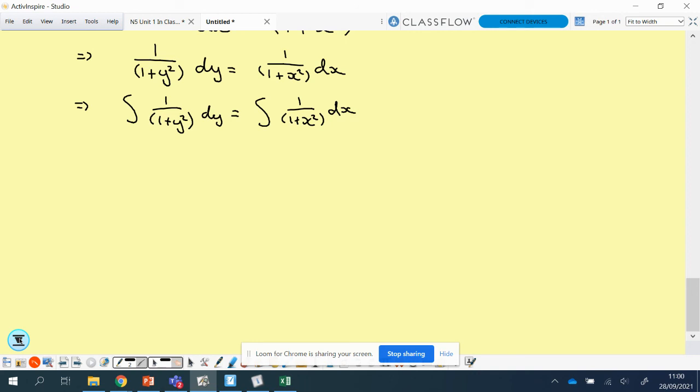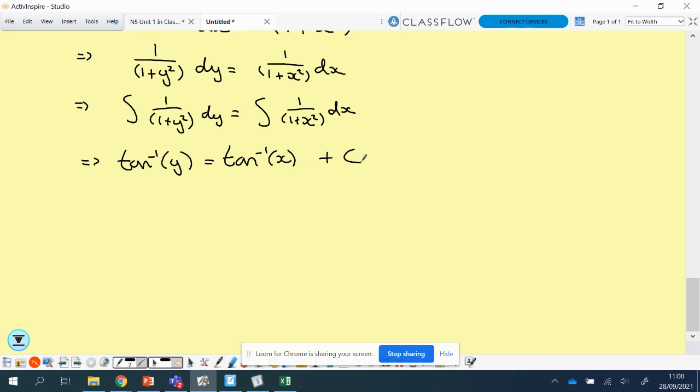It's the inverse tan, isn't it? And it's actually the standard inverse tan one, as in the a value is just 1. So therefore, I'm going to get inverse tan of y equals, and it's going to be the same on the right hand side, just with x. It's the exact same function, just with the x variable, so it's inverse tan of x plus a constant c. Alright.